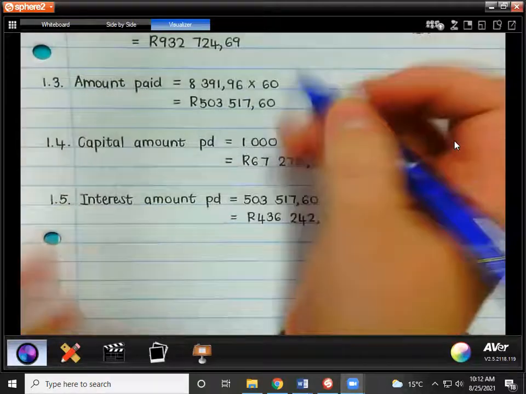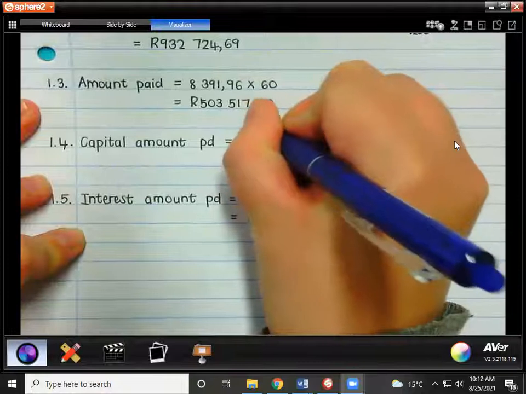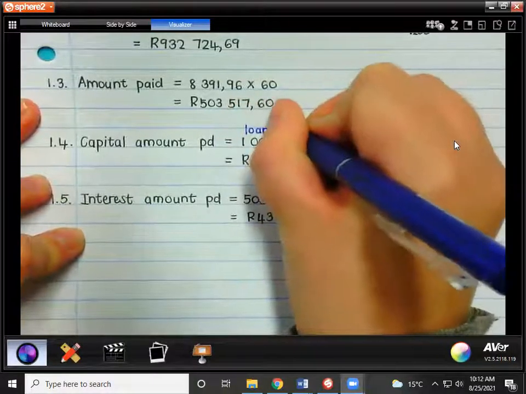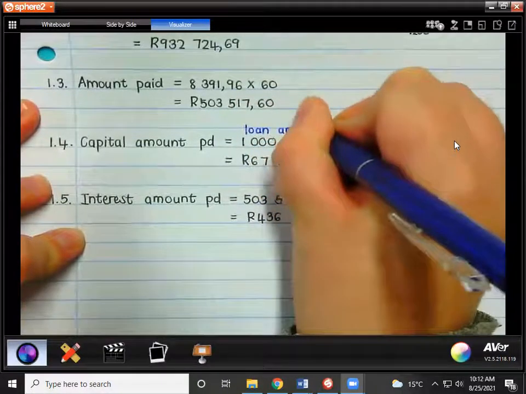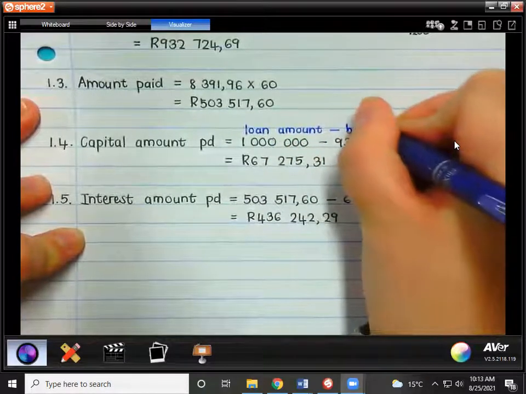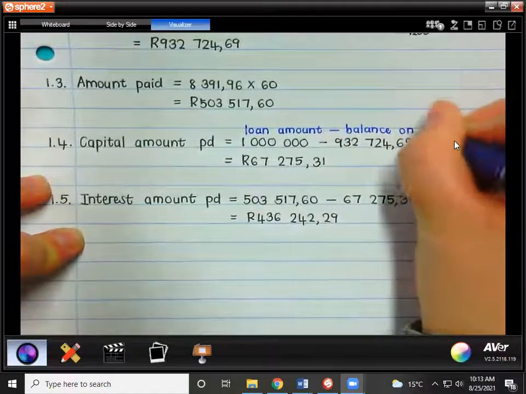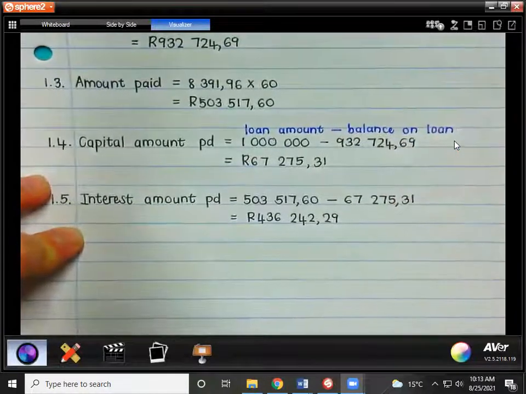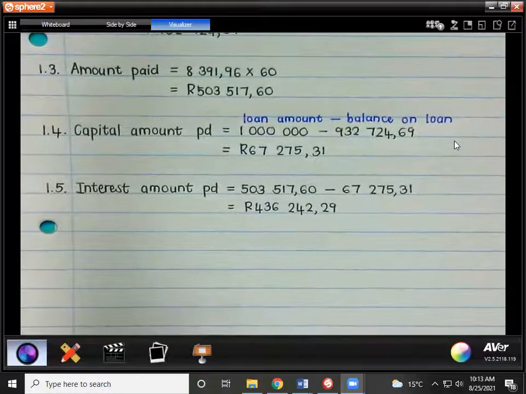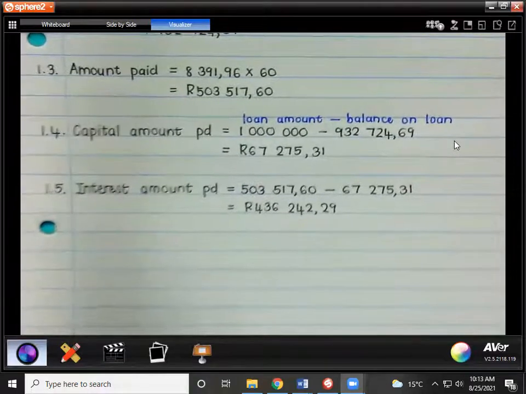Guys, let's just quickly write in a little formula here. We're just going to say loan amount minus balance on loan. Okay, so that's what you would always have to do if they're asking for what is the capital amount paid. And it might not always be broken up into steps like this.